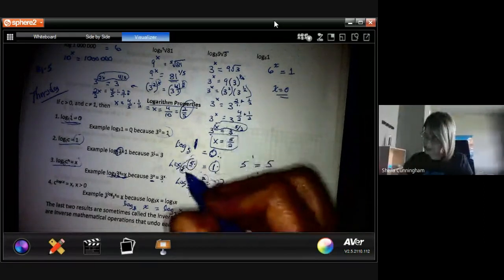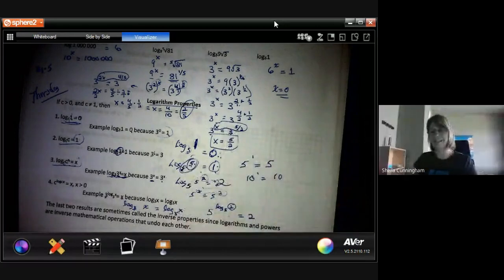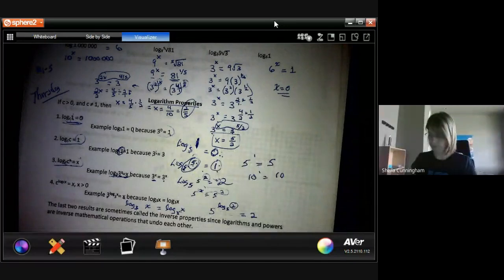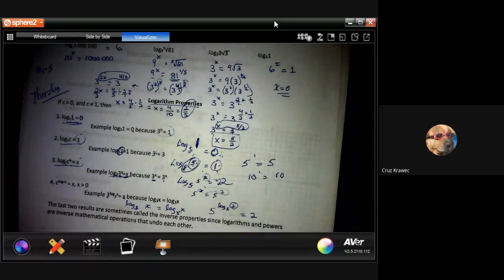So if these two values are identical, I have to have an exponent of 1 only. Okay, I get it.